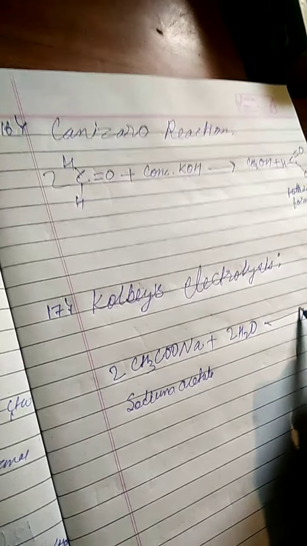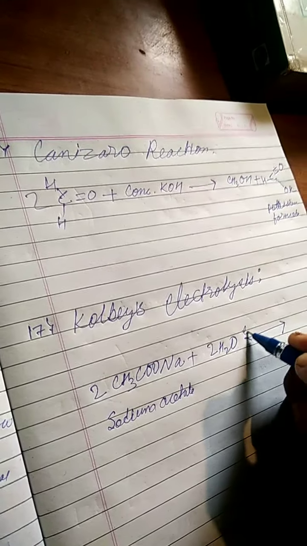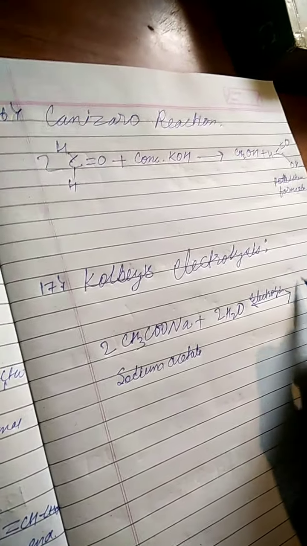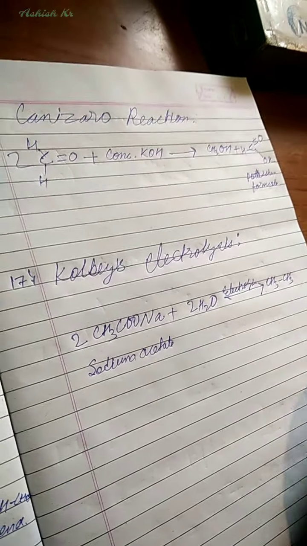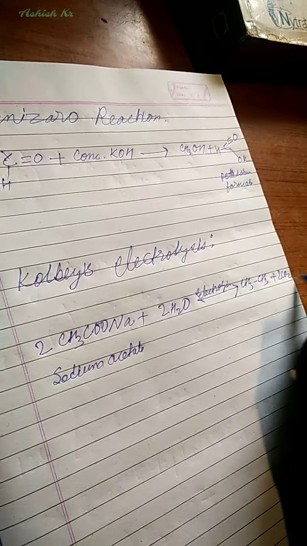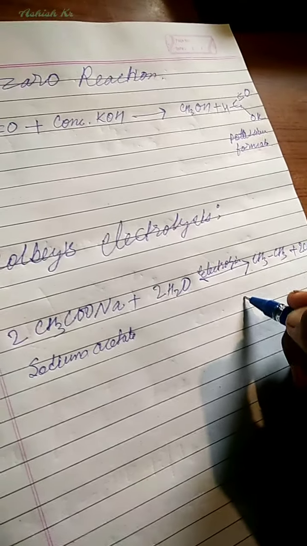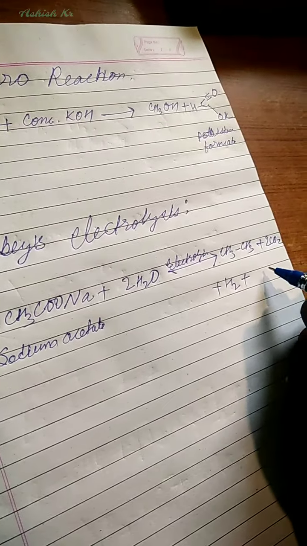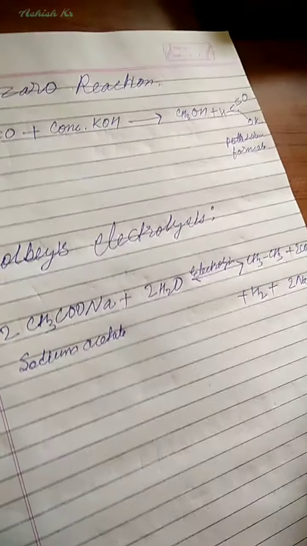When it is electrolyzed, it gives CH3CH3, ethane, and 2 moles of CO2, and also more byproducts are there. One is H2 and 2 moles of NaOH. So these are the byproducts.